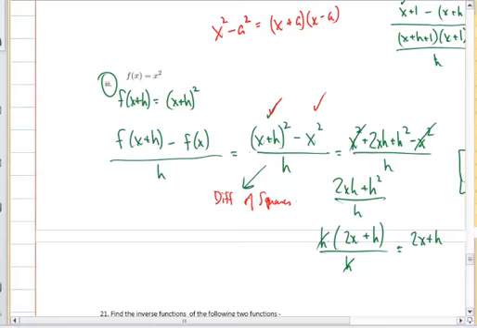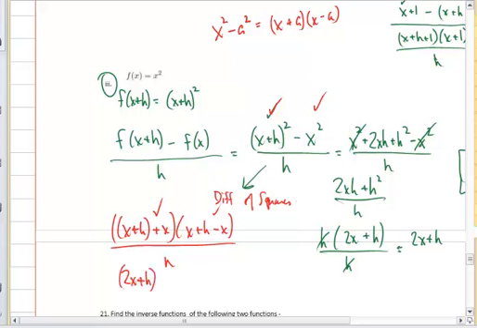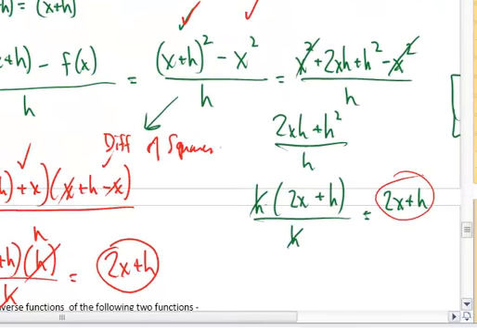Well, this one we can turn into x plus h plus x times x plus h minus x all over h. There's the plus and minus part. And what happens is you end up in the first term getting 2x plus h times, in the back part you get h, because the x's cancel. And then that results in you just having 2x plus h once these cancel. So notice we get the same answer.